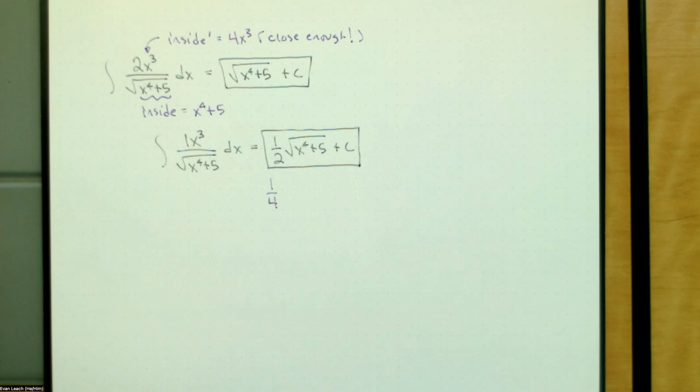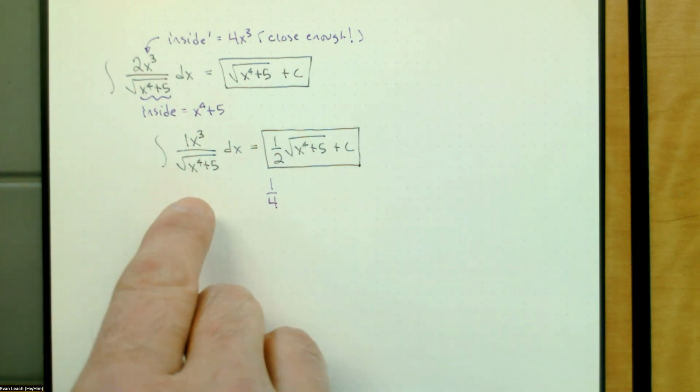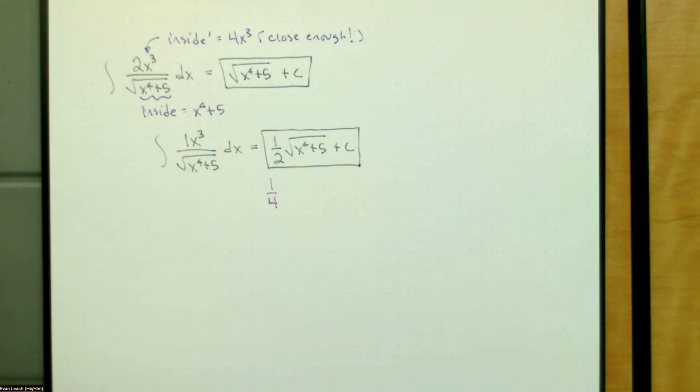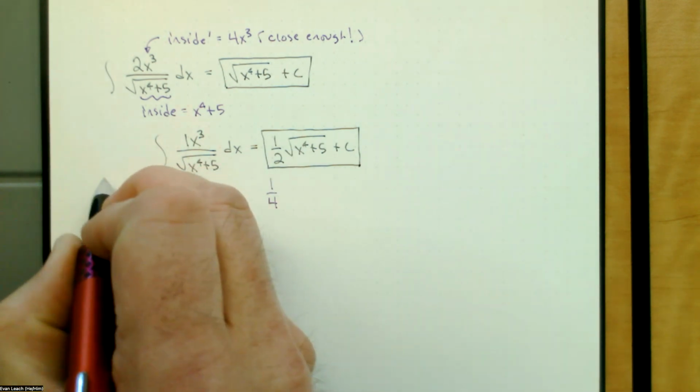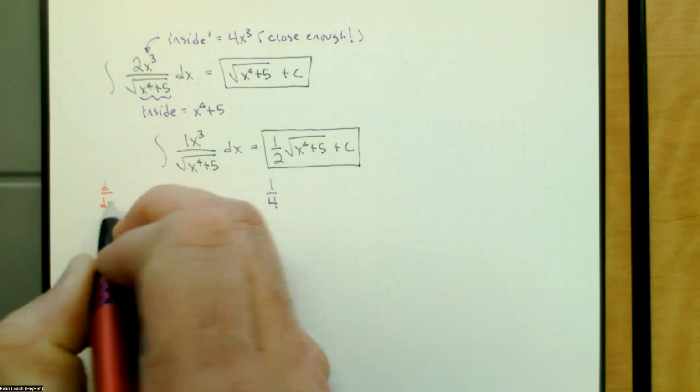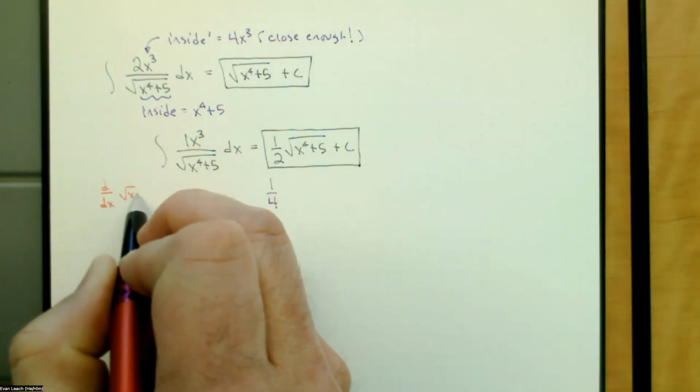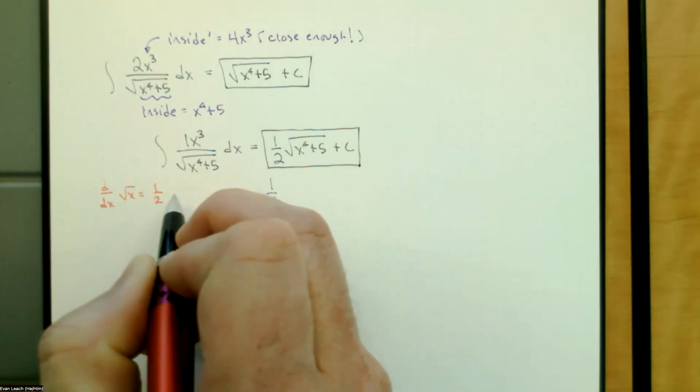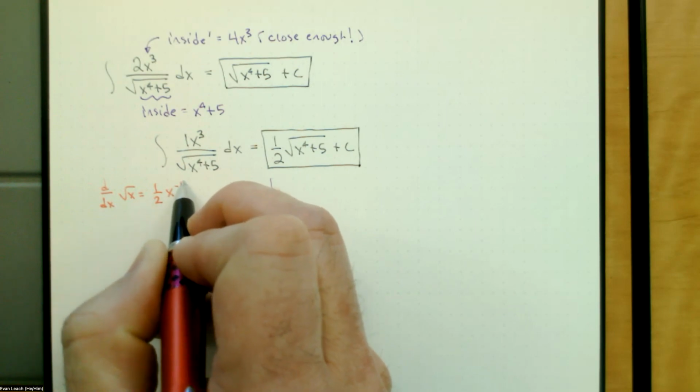The derivative of something to the 1/2 power is going to be a 1/2 stuff to the negative 1/2. Here we have stuff to the negative 1/2. So the derivative of the square root of x is 1/2 x to the negative 1/2.